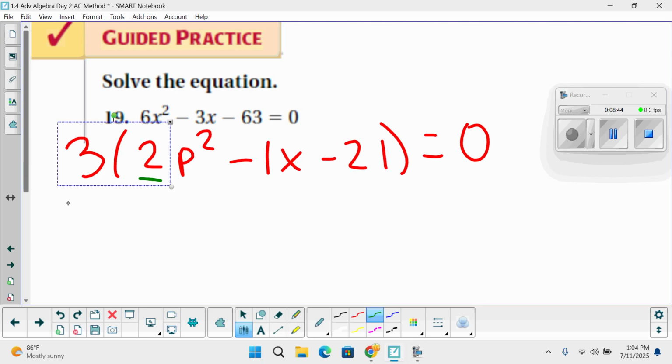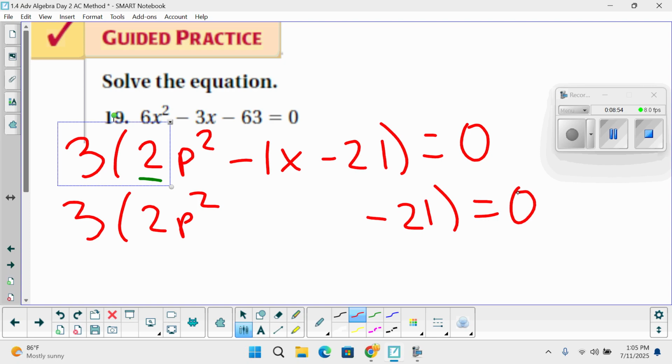All right, so we're just going to leave the 3 out front. It's really not going to affect our solution at all. I'll have my 2x squared here, my -21 here. I'm going to go ahead and multiply those together to get a -42 and replace my -21 with a -42. Now, what numbers will multiply to -42 that will add up to -1?